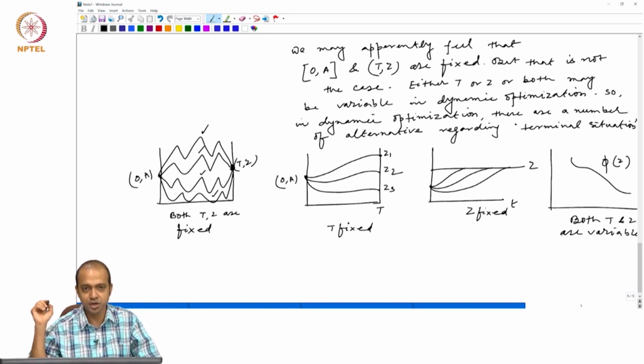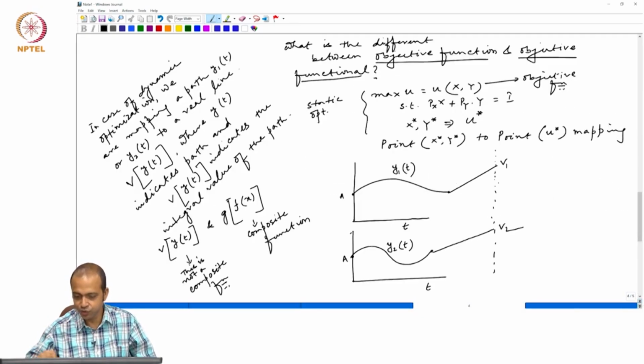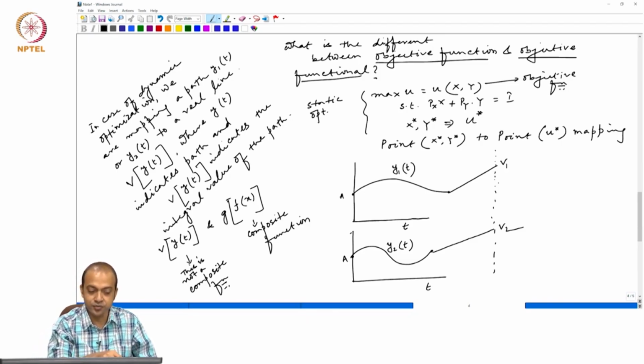So in terms of this diagram, you can easily understand that you are mapping a path to a real line. Depending on the values of V1 or V2, I will select either Y1(t) or Y2(t). That is why here it is V of Y(t) in the context of dynamic optimization, which is quite different from G of f(x).